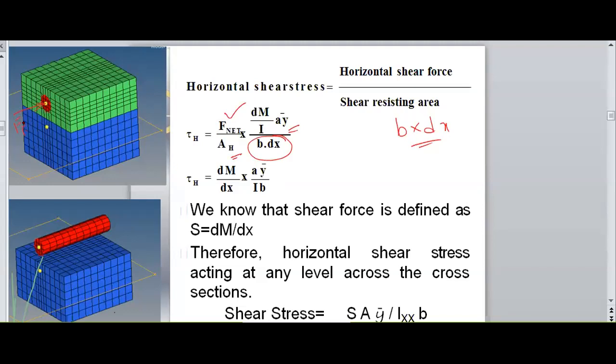That is a horizontal force. So I can write it as dm by dx into A, this is a capital A, the cross-sectional area, that is the green color area, into y bar into Ixx into b. B is nothing but the width of the cross section.